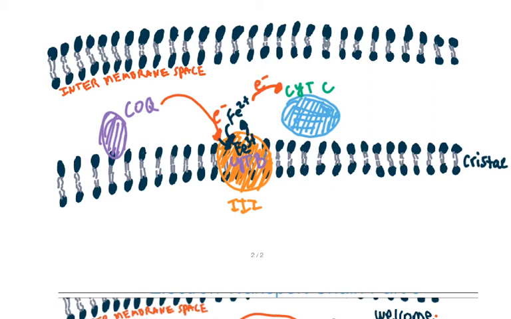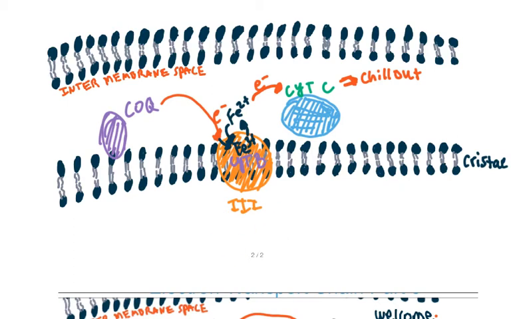Now cytochrome C, we mentioned, I forgot in what video, but I'm pretty sure we did, is always telling the complex 3 to chill out. It's like, chill out, I can only take and transfer 1 electron at a time. All right, so remember, cytochrome C can only take and transfer 1 electron at a time. So it's going to take 1 electron at a time from our coenzyme Q cytochrome C oxidoreductase complex, or complex 3.